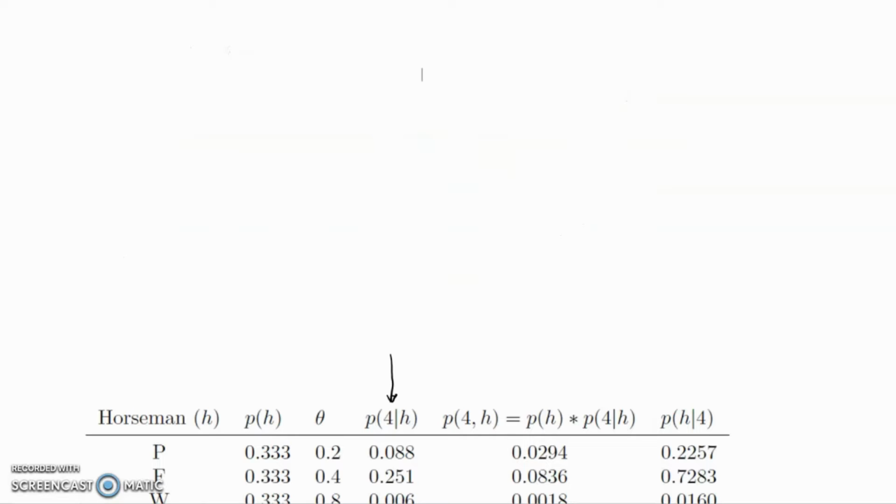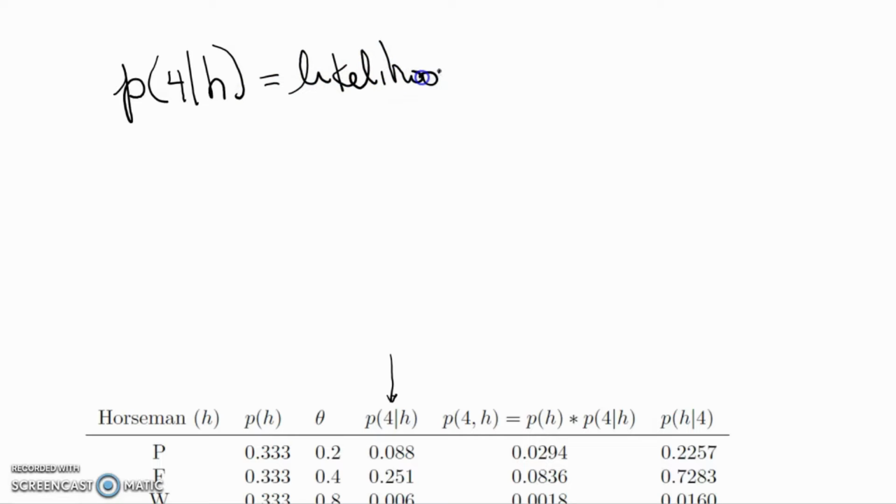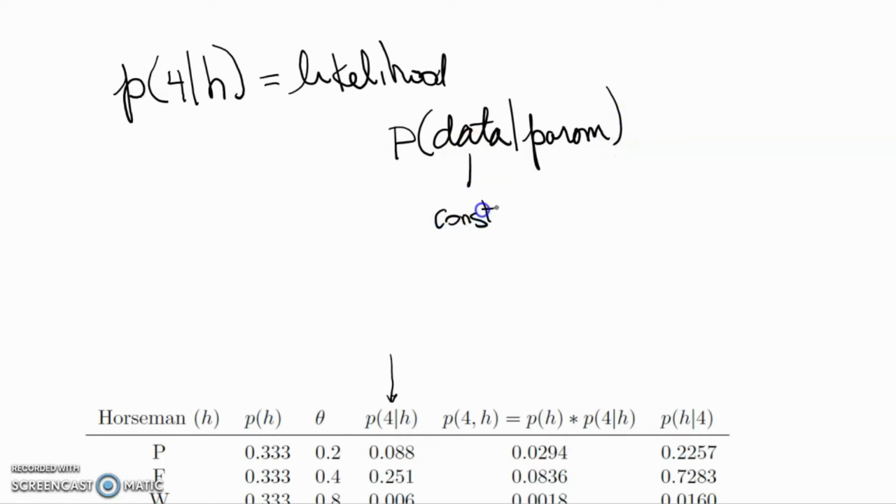The other thing we can think about this is that it is a likelihood. And the concept of likelihood, remember, we think of P of data given the parameters. In a likelihood, this is kept constant, and this is going to vary.